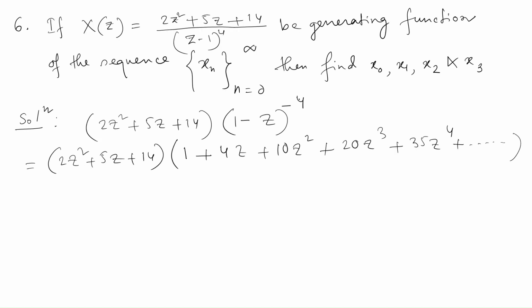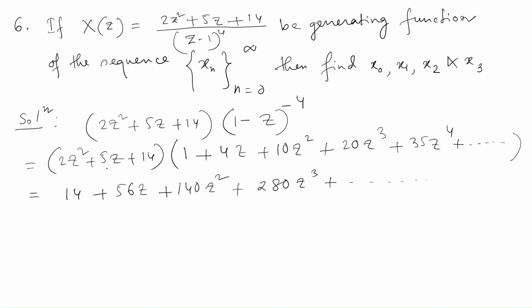You look that we have to find x0, x1, x2 and x3. So we will not go beyond z cube. If we get more than z cube, we will discard that. Let us first multiply with 14 because here the power of z is 0. So we will have 14 plus 14 into 4, 56z, plus 14 into 10, 140 z square, plus 280 z cube, and we will discard the rest of the terms.